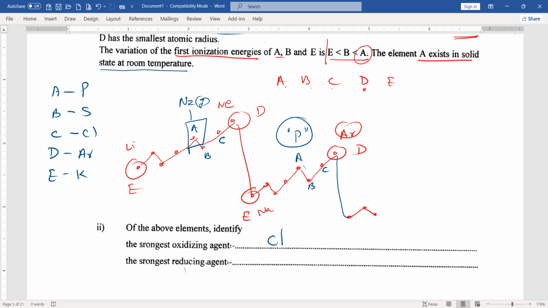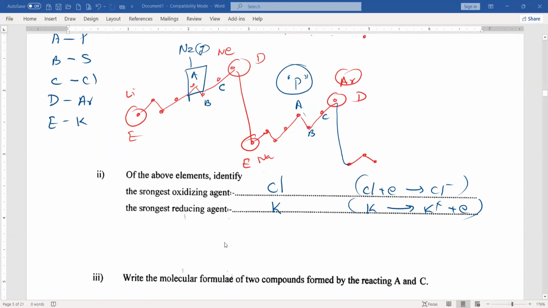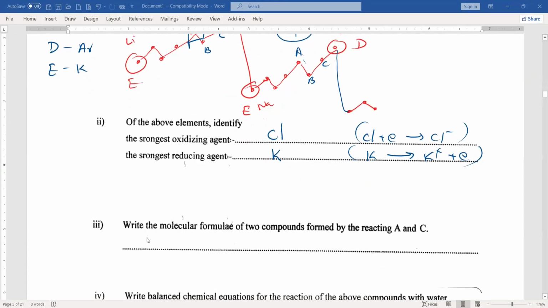The strongest reducing agent is potassium. Cl plus electron will go to Cl minus. Potassium will oxidize, giving like this. Yes. The next one.